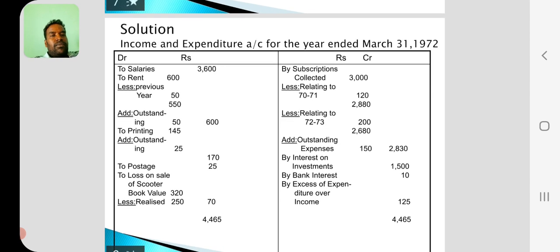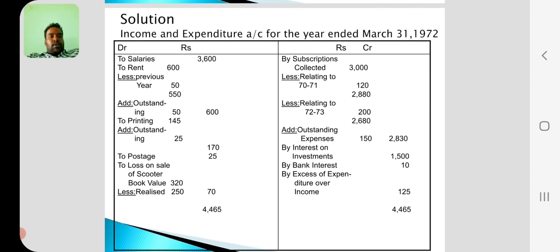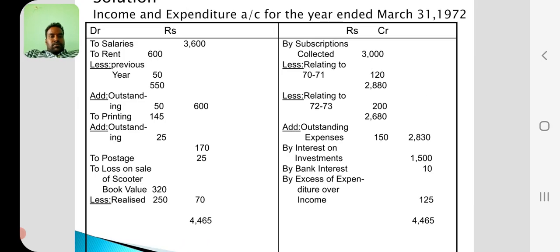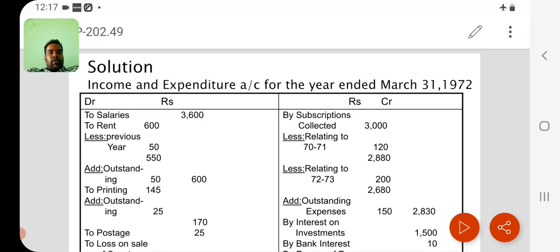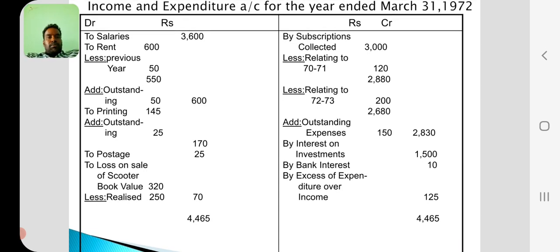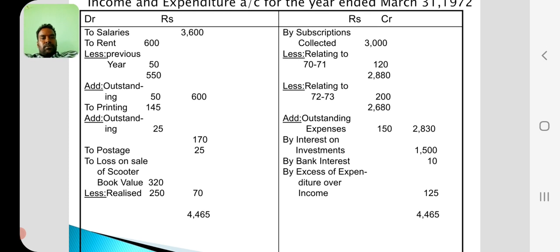See here, the solution is there. Salaries 3600 posted on the expenditure side. Rent 600, previous year rent 50 should be deducted and current year outstanding 25 added, giving 575.